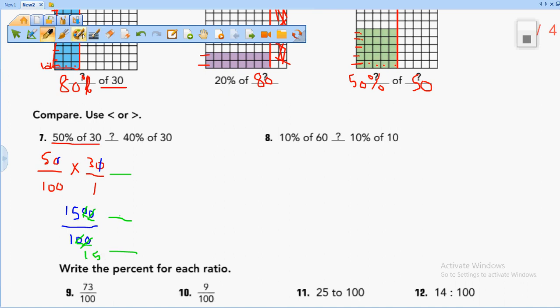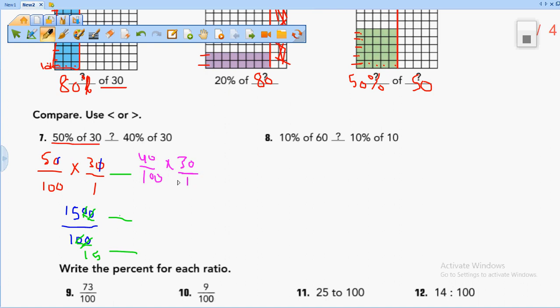I will solve the second part, 40%, 40 out of 100 multiplied by 30. Again, I have to create a fraction, put it over 1 to make it a fraction.